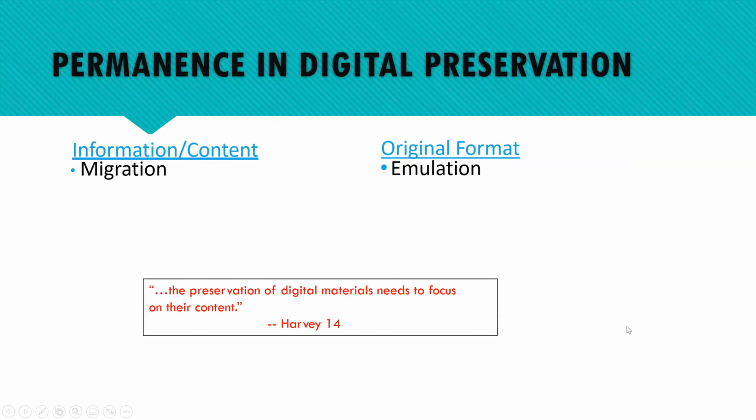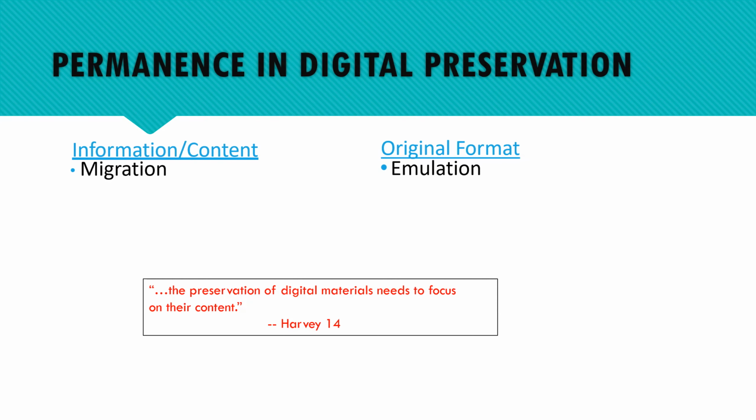And so last week we talked about the debate over whether or not the focus of preservation should be preserving the informational content or preserving records in their original format.